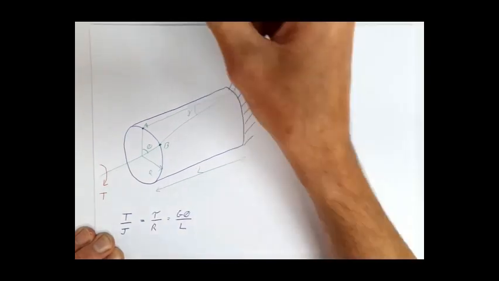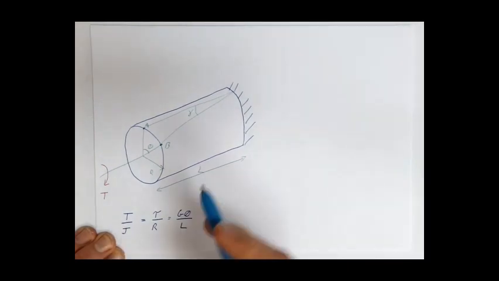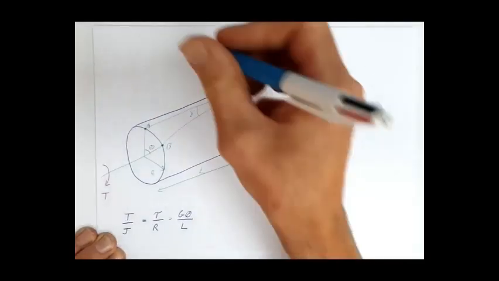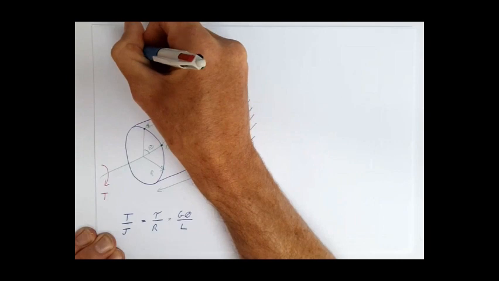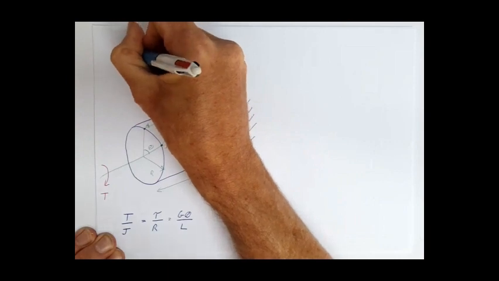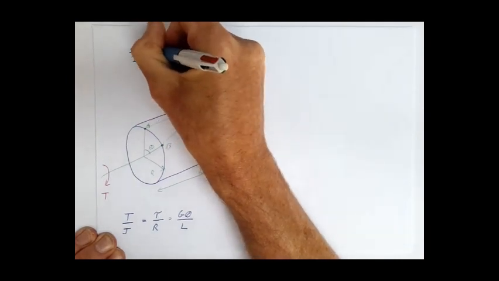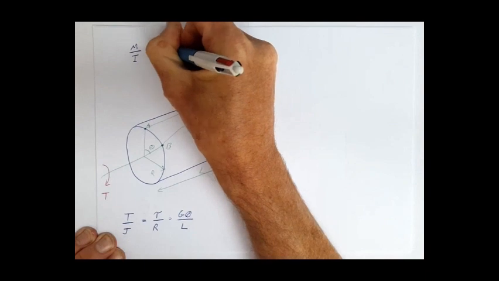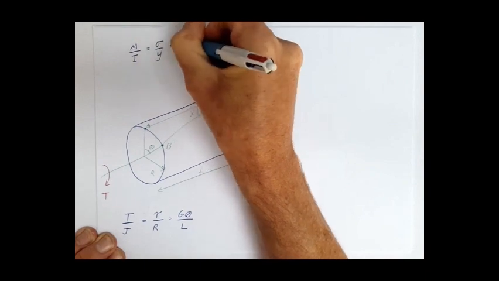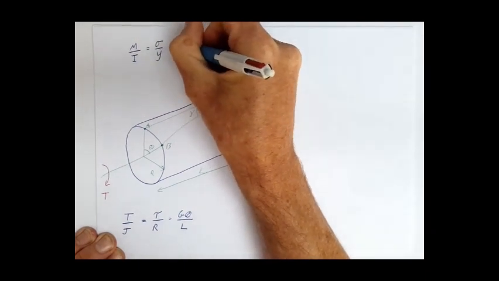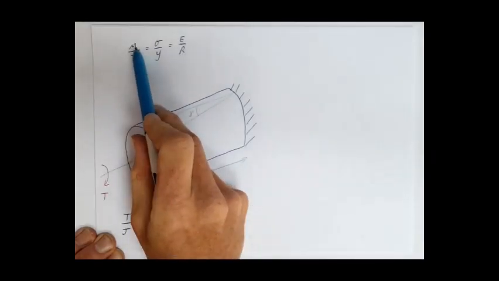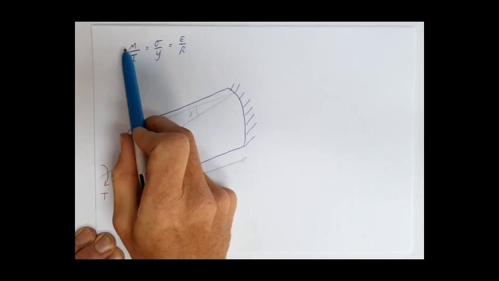Okay, so that is pretty much analogous to our simple theory of elastic bending. If we think back to the simple theory of elastic bending, we said M over I equals sigma over Y equals E over R. M is the moment we're applying to a shaft in bending.